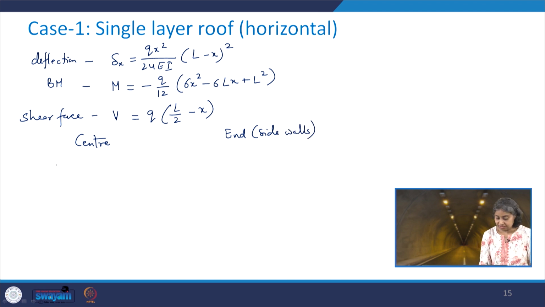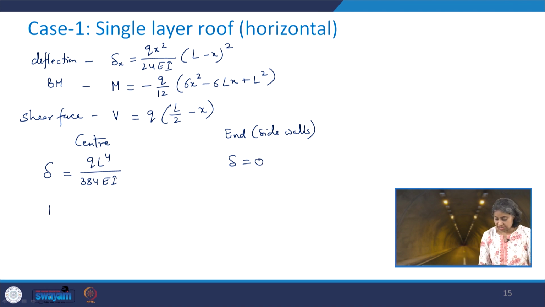So, at the center, what is delta going to be? At the center your x is going to be L by 2. So, this will give you delta as Q L to the power 4 upon 384 EI, and at the end delta will be equal to 0, because that is the boundary condition.